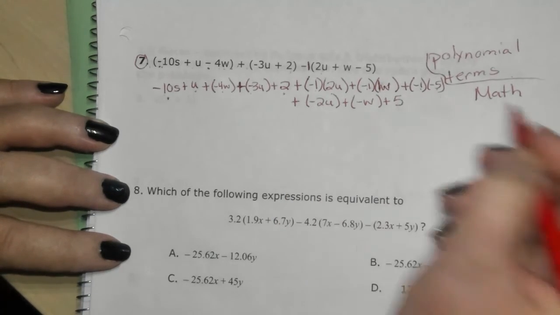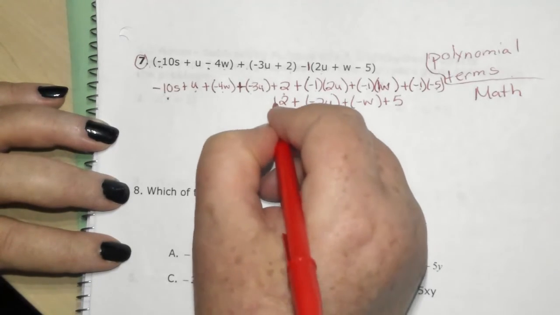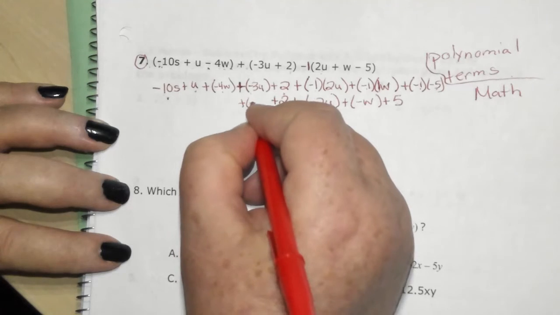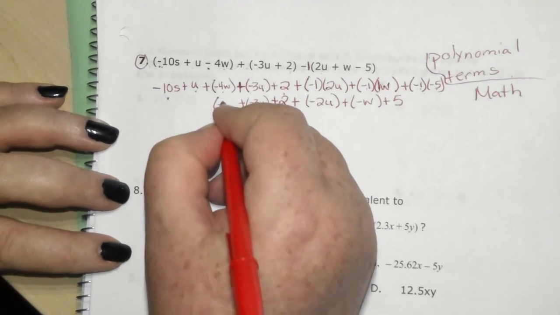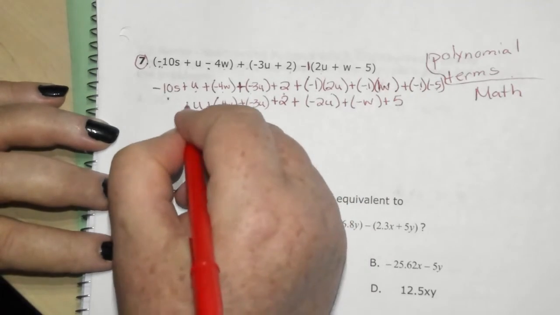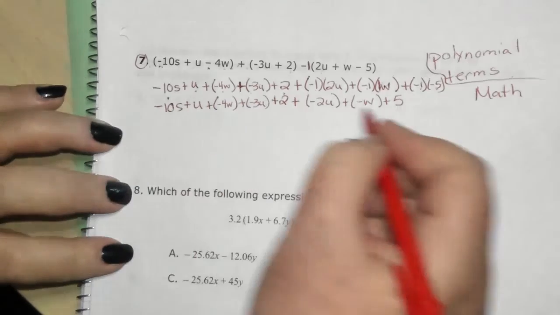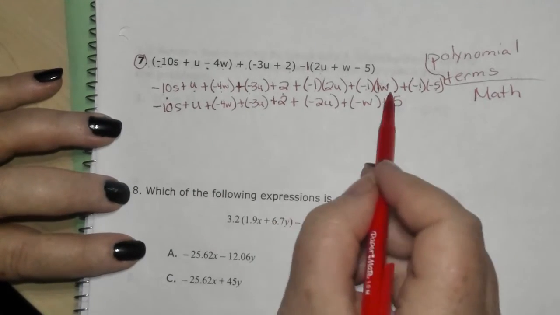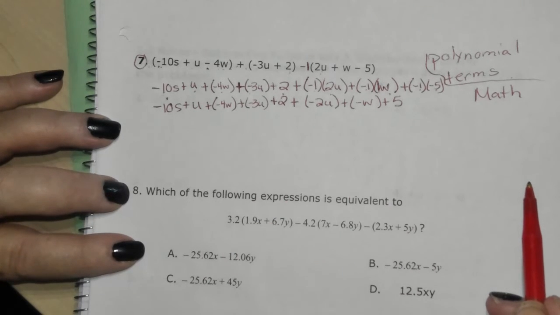Positive 5. Just bringing everything else down. I do this because it's best practice to keep everything. You didn't have to rewrite all that down. You could have just done this and then bring everything down.